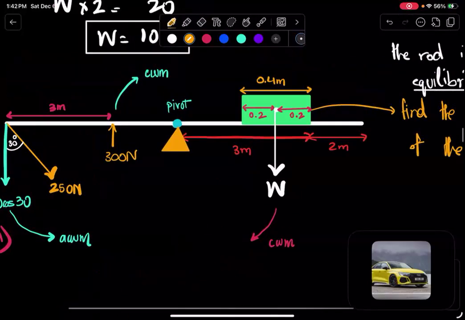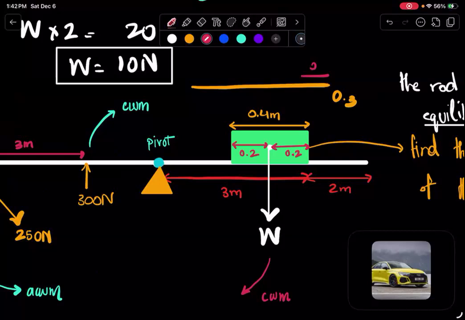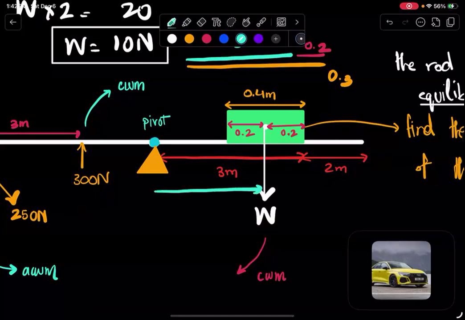Check this out very carefully. If this entire thing is 3 meters, then if you subtract 0.2, you're going to be left with this section. So this section is just 3 minus 0.2, which is 2.8.